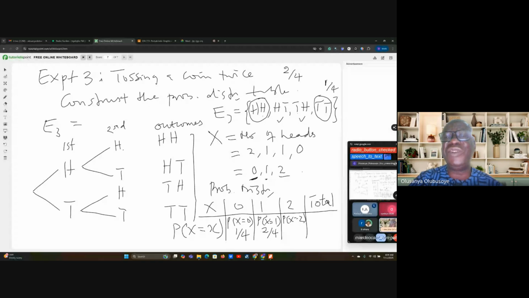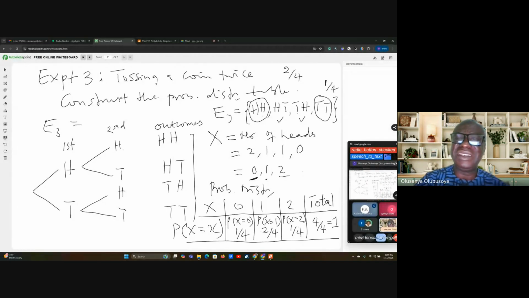So I have only 1 favorable outcome out of 4 possible outcomes. Now, you will agree with me, if you now add this up, this is 4/4, which is equal to 1.